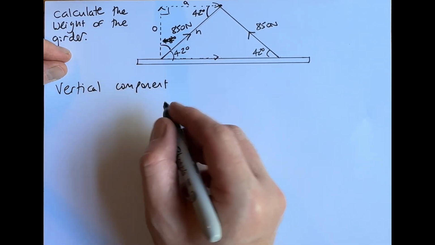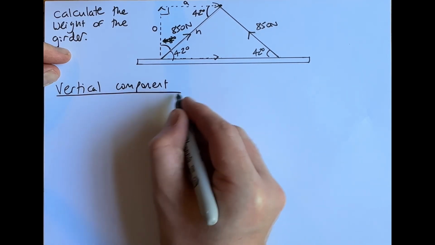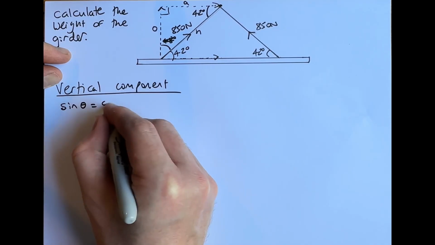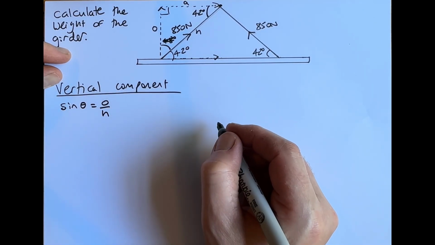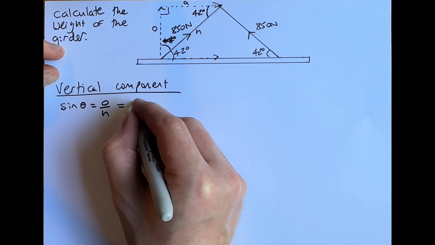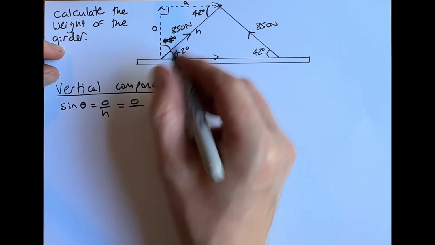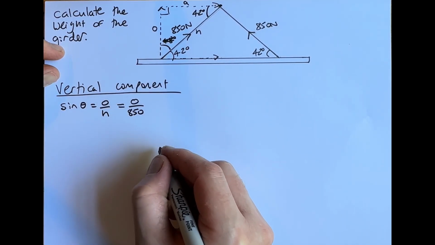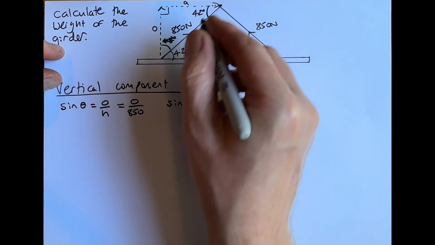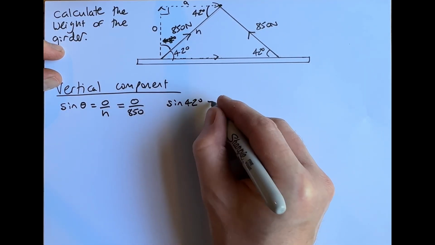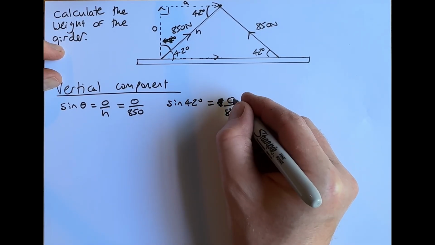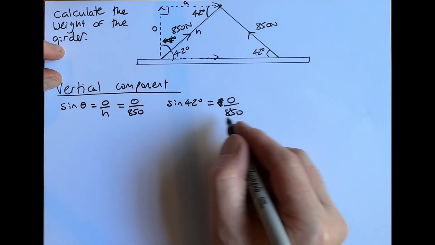So for the vertical component, if we've got opposite and hypotenuse, sine theta is equal to opposite over hypotenuse. We don't know what the opposite is, but we know that the hypotenuse here is 850 newtons. So we can put 850 in there. And I should have put the angle in there as well. So we can write that sine 42 degrees is equal to opposite over 850. That O there is the opposite, it's not 0. So all we've got to do then is rearrange this.